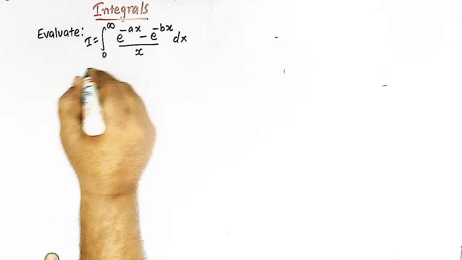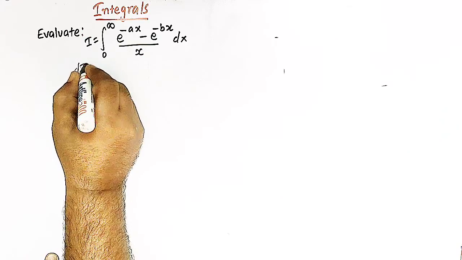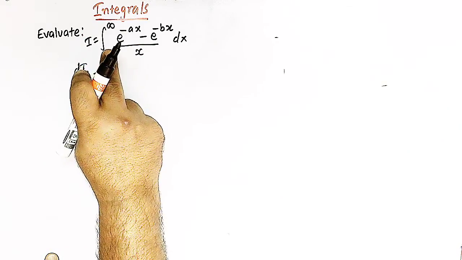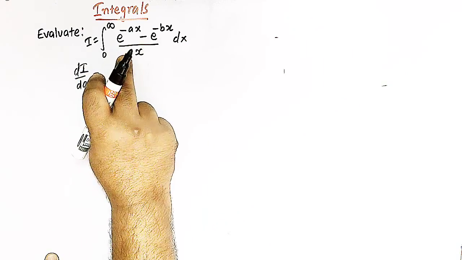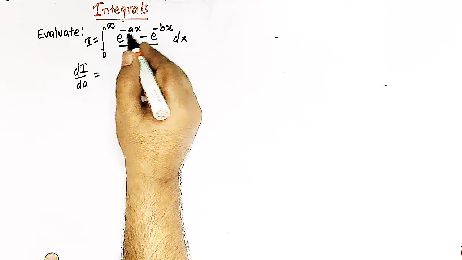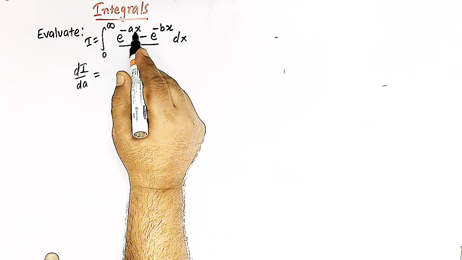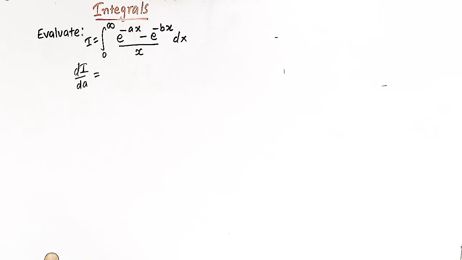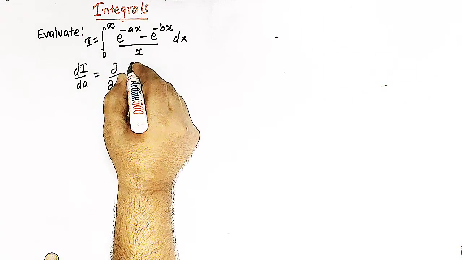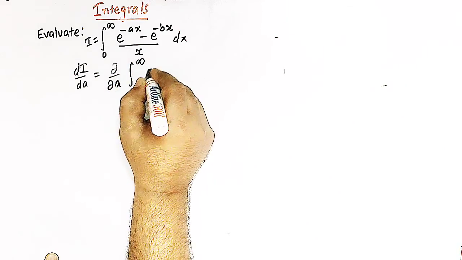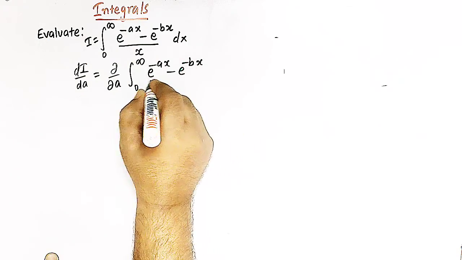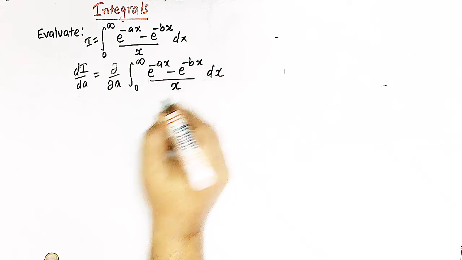So here we have dI over da, and we have to take the partial derivative of this integrand with respect to a, and we'll consider all other variables or terms as constants. So we have del over del a of the integral from 0 to infinity of (e raised to minus ax minus e raised to minus bx) over x dx.